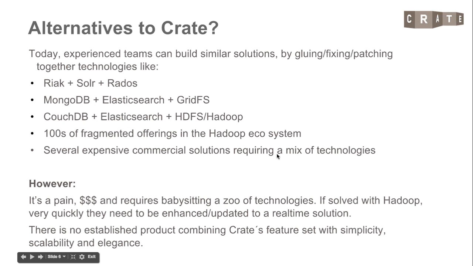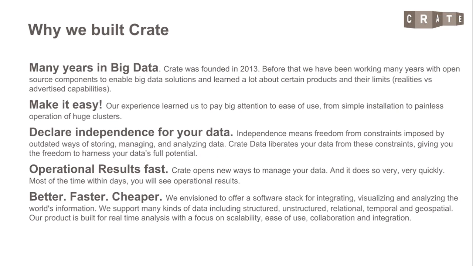What a lot of people do, or what we have been doing in the past, is combining different technologies. So using Riak as key value store, Solr or SolrCloud for searching, and RADOS as binary object store. That's a totally valid solution, but it requires 3 different products, 3 different technologies to scale and to operate.